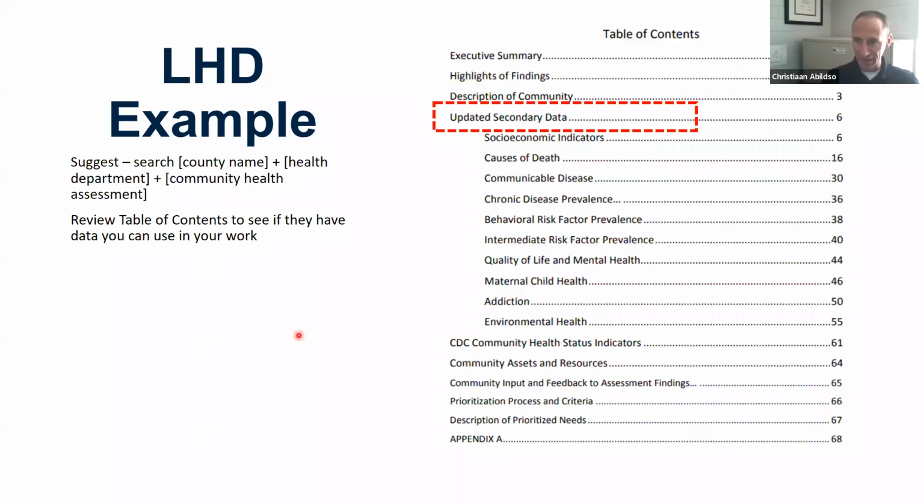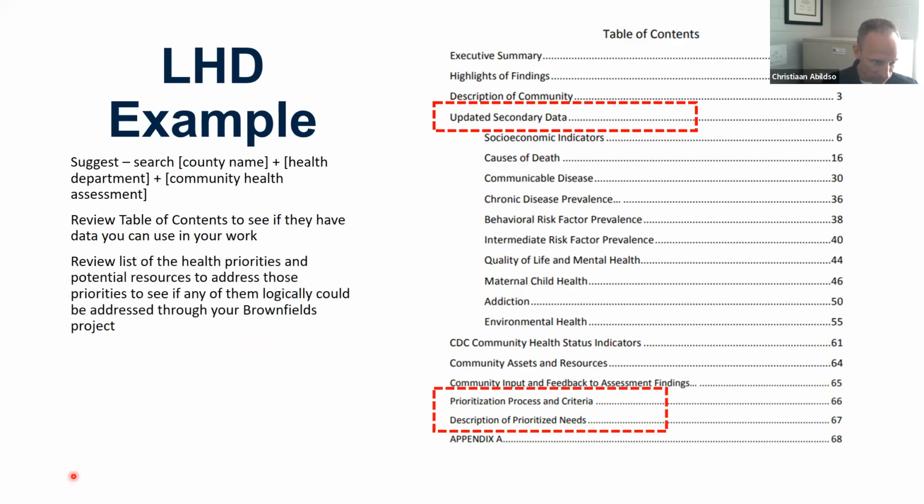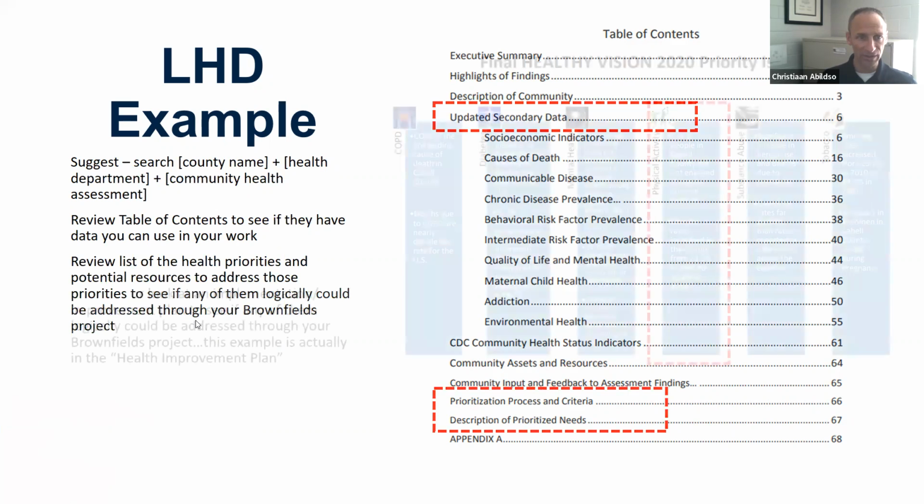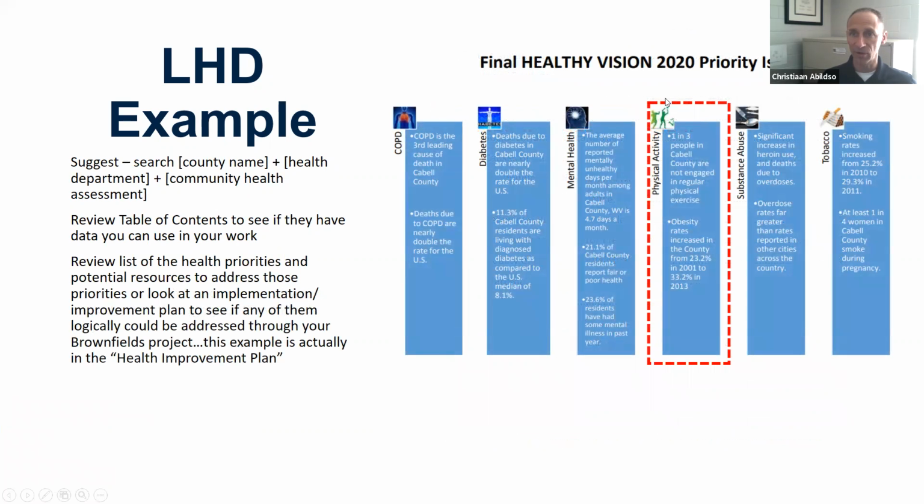Now, I actually looked in the document, and they didn't have specific information in it, but instead they referred the user to. Let me get rid of the laser pointer here. Okay, they actually referred people out to an implementation plan. Okay, so again, you want to look at that to see where you could get involved.